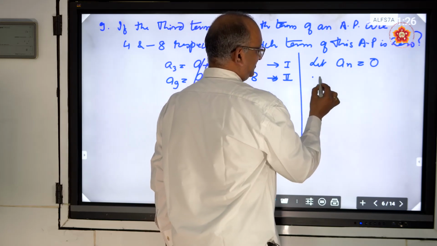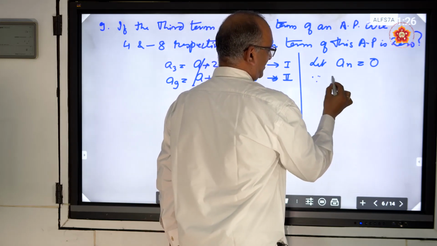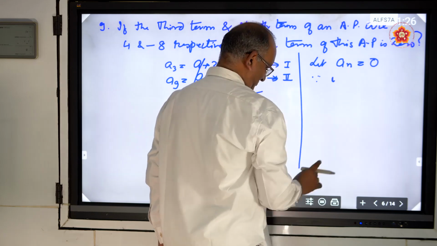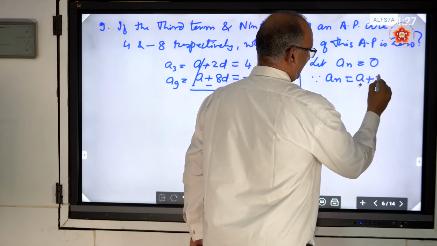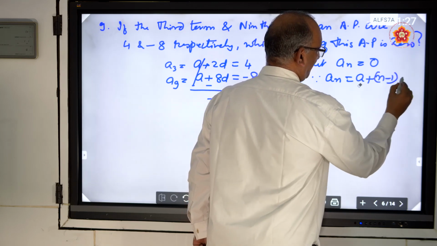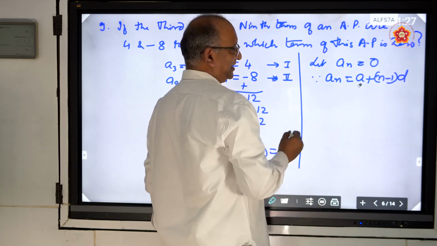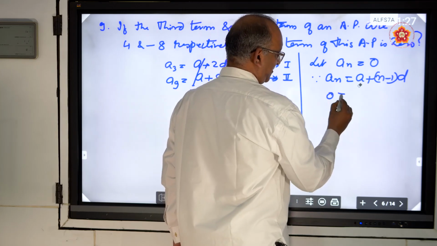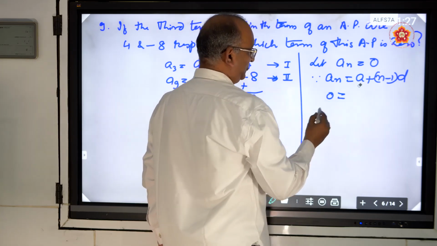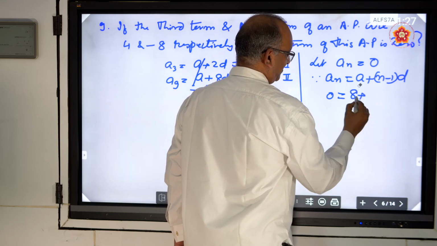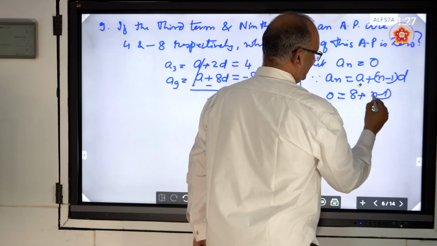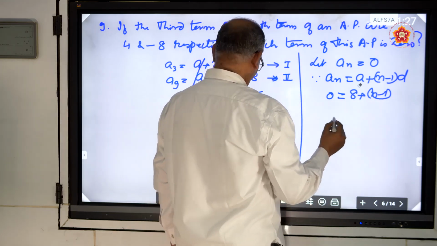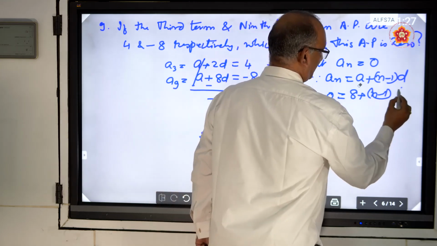Write the formula. Please substitute the values. An is 0. A, we have found it as 8, plus n we want to find out, so n minus 1 into d, d is minus 2.